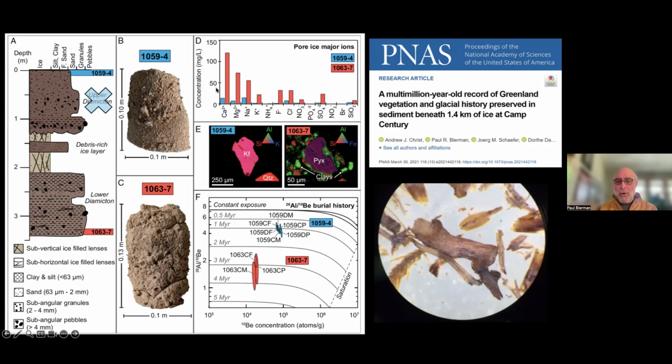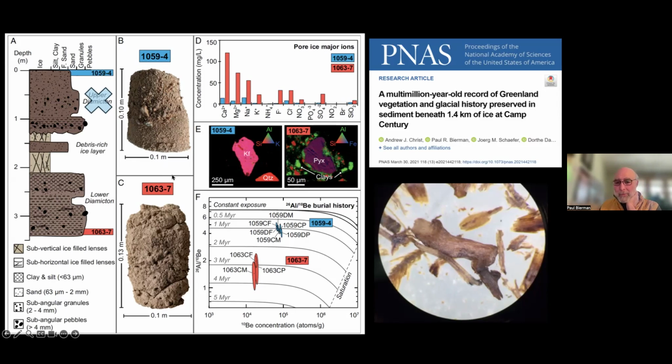We looked at the pore water when we melted the ice, and the red is the pore water from the lower unit down here. The blue was the pore water from the upper unit. The pore water in the lower unit is loaded with dissolved materials, dissolved cations and dissolved anions. The upper one is not. So we're seeing that we had at least two different landscape histories reflected in here.